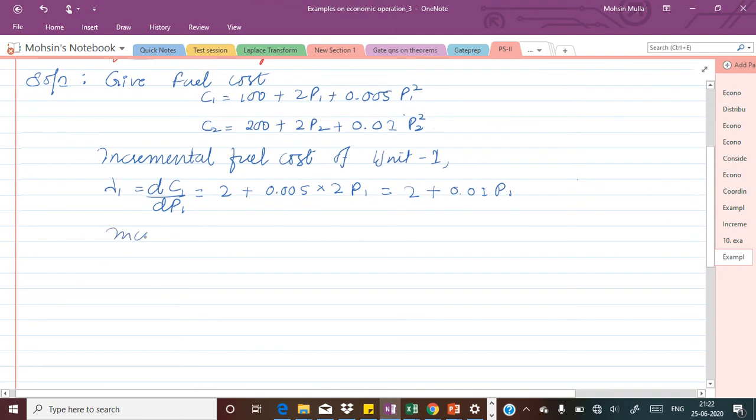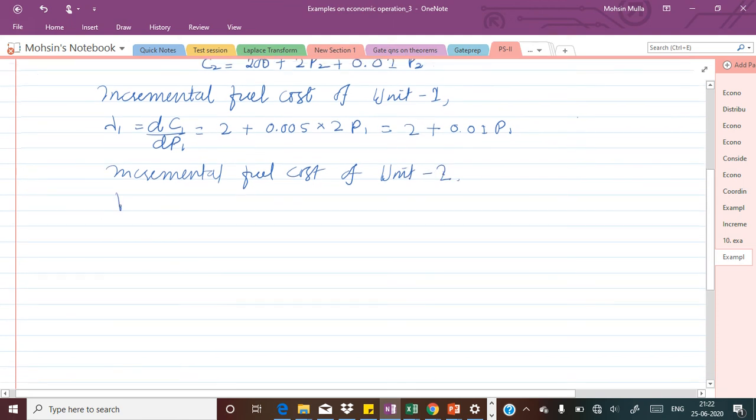Similarly, the incremental fuel cost of unit 2 is to be obtained, and it is represented as lambda 2.